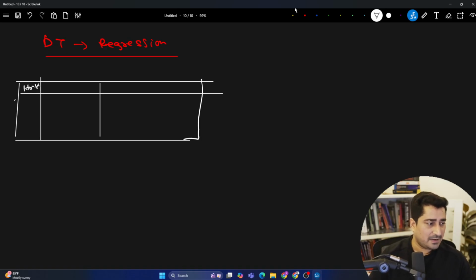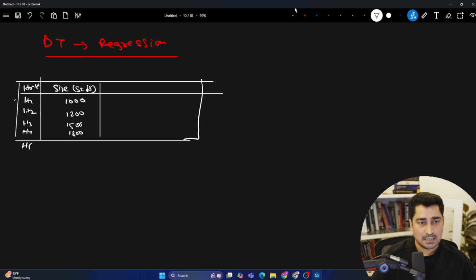Let's suppose we have houses H1, H2, H3, H4, H5, and the size of these houses in square feet is 1,000 square feet, then 1,200 square feet, then 1,500 square feet, then 1,800 square feet, and then 2,000 square feet.